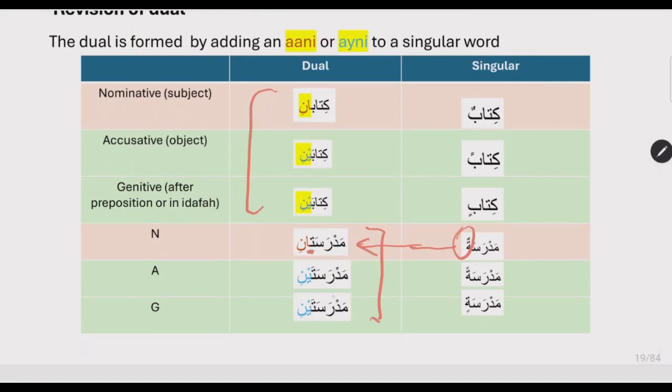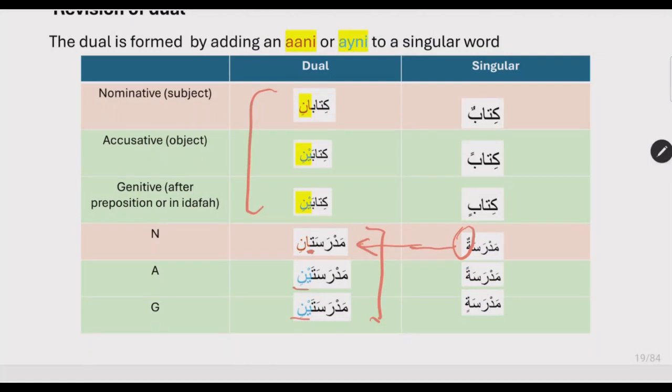It changes to an open ta. Ta marbuta, which is the tied ta, or the ta that looks like a circle, changes to a ta maftuha. Maftuh means to be open. So the ta maftuha replaces the ta marbuta, and then you add your ani or ayni, as you see in these examples. Right, so any word with a ta marbuta, that's how you change it to the dual form in the different cases.